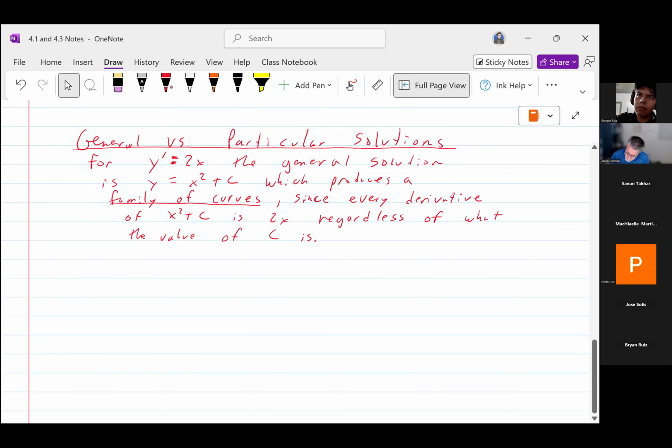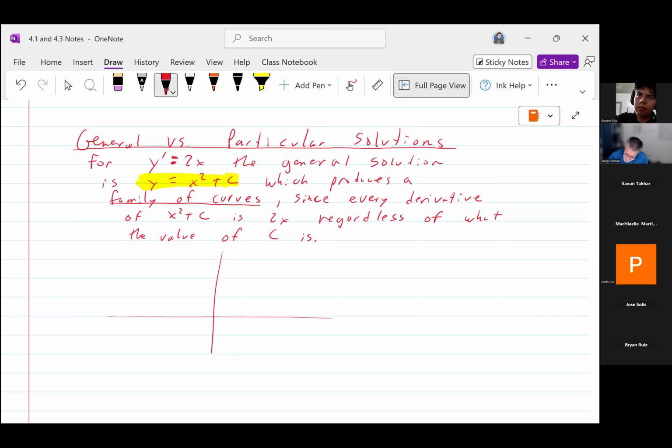If I let c be integers, and I have y equals x squared plus c as my family of curves, which is my solution to my differential equation, it is an infinite number of solutions because of that constant.